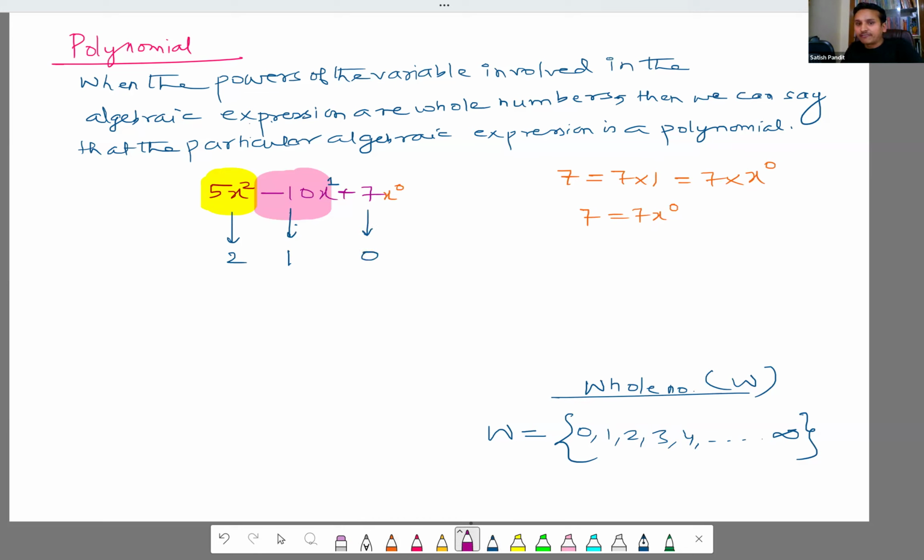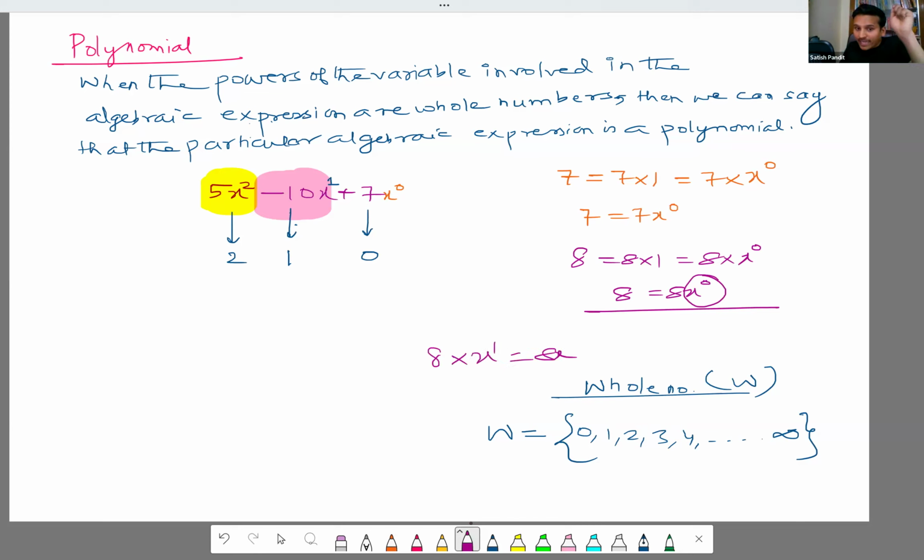Suppose I have 8. I can write 8 into 1, that is 8 into x to the power 0. So whenever we have a constant, the power of the variable has to be 0. Only if the power of the variable is 0 will that constant remain as it is. Suppose I have 8 into x to the power 1, it will become 8x.